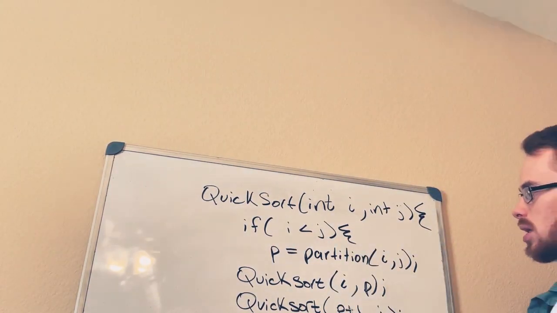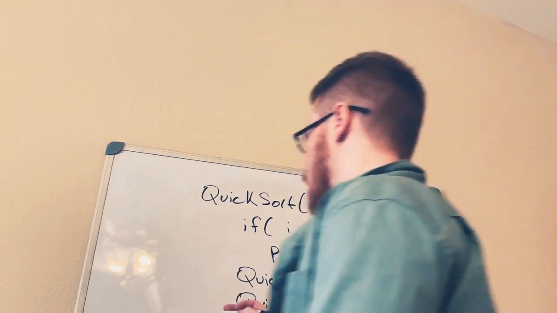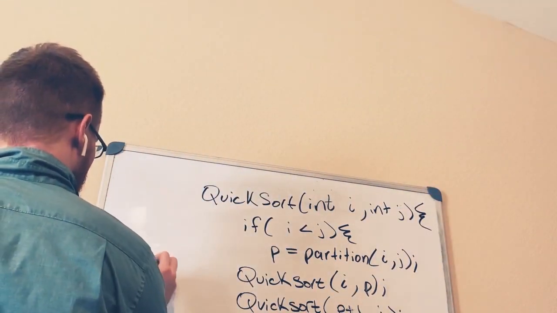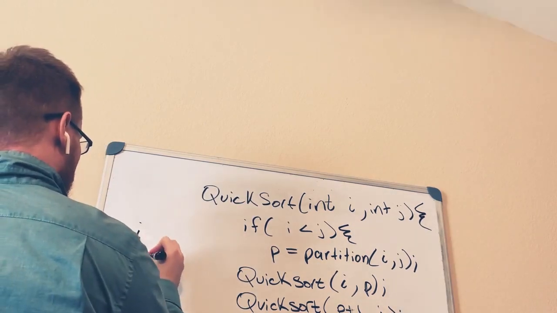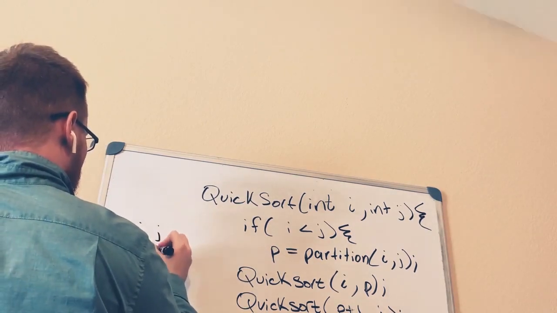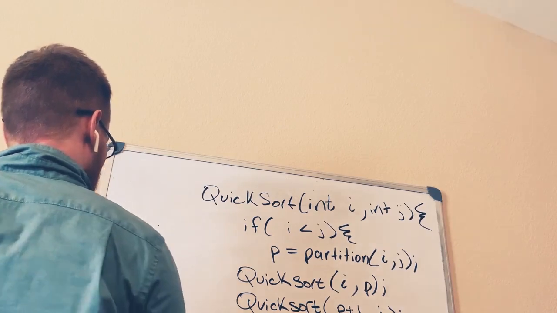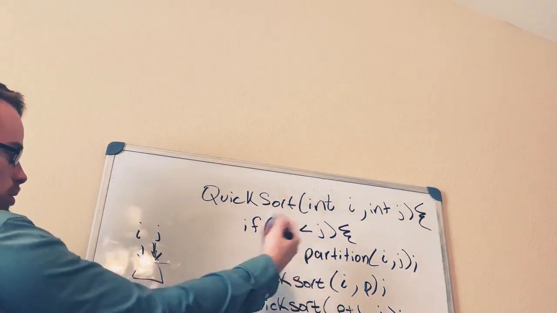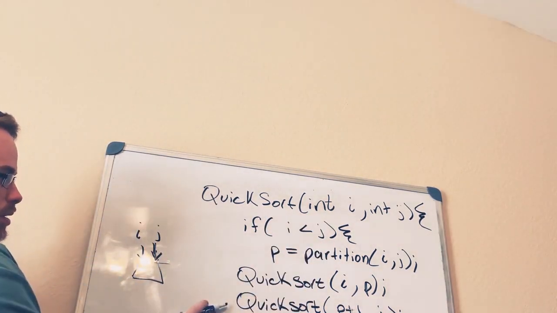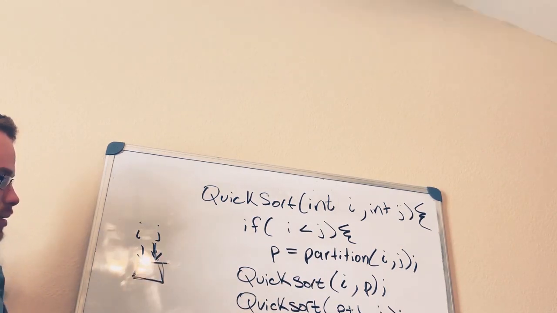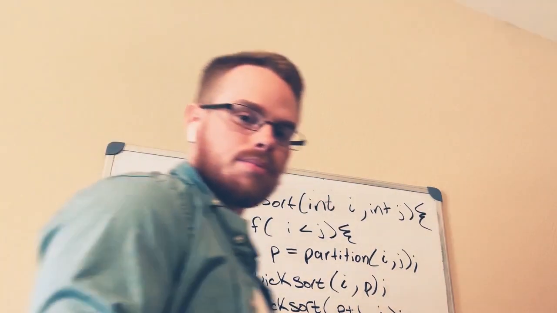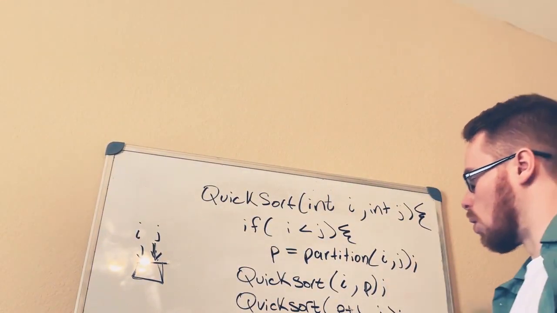When that happens, i and j are basically equal, which means you keep recursively calling until you get down to a single subarray that has only one element in it. That's the goal of quicksort.